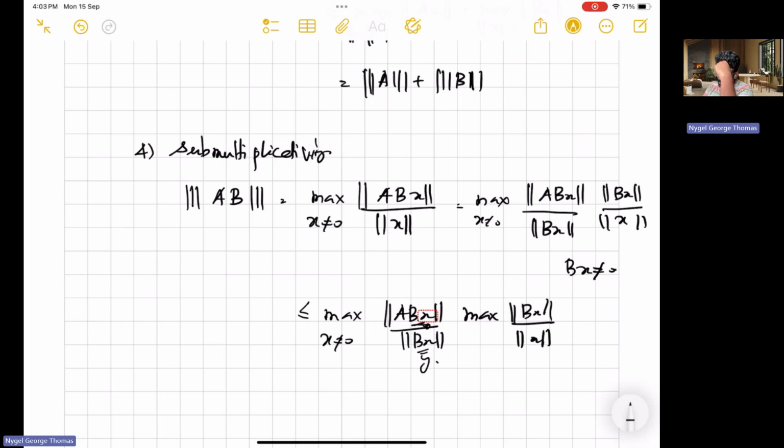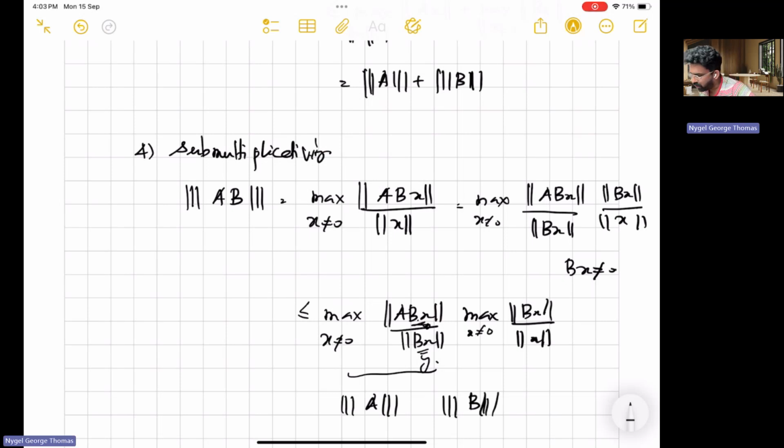This we can replace the y, and x is not equal to 0, Bx not equal to 0. Can you see that Bx not equal to 0? We've already seen. So in this definition, this is matrix norm of A into matrix norm of B.